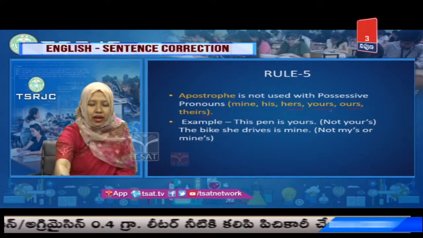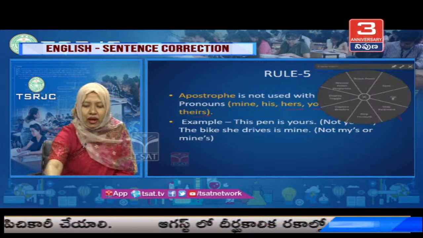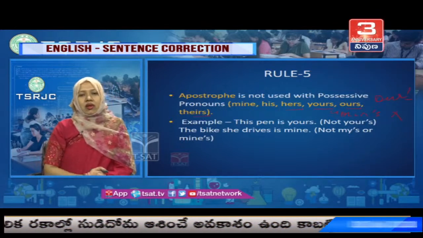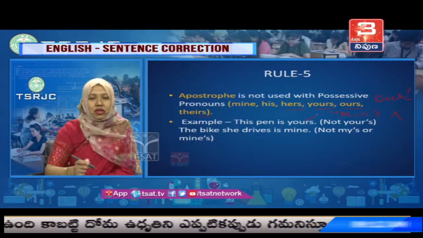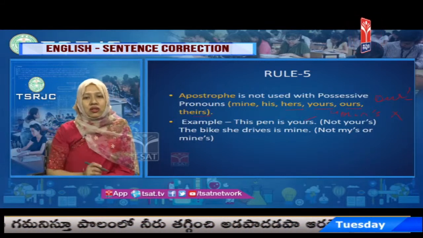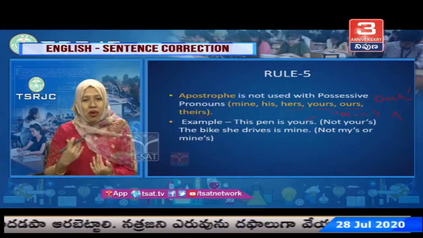You should never write your's. This is wrong. You should never write our's. This is also wrong. For example, the pen is yours. Always use it without an apostrophe. This is the correct way of writing. Writing yours with an apostrophe is wrong. The bike she drives is mine.